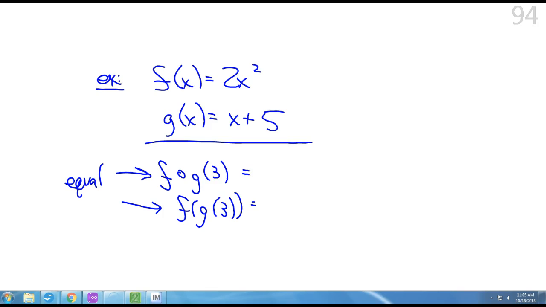So try it. No derivative. You don't even know calculus at this point. This is advanced algebra. Just find the g of 3.